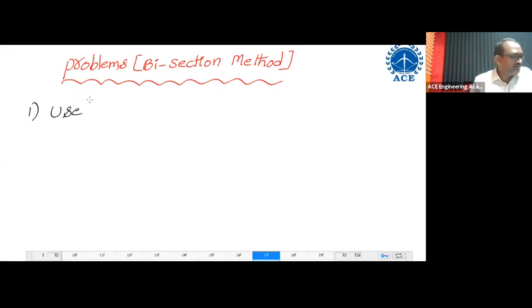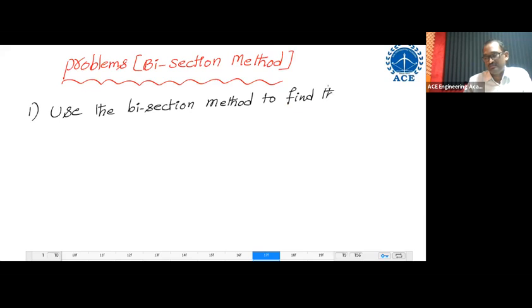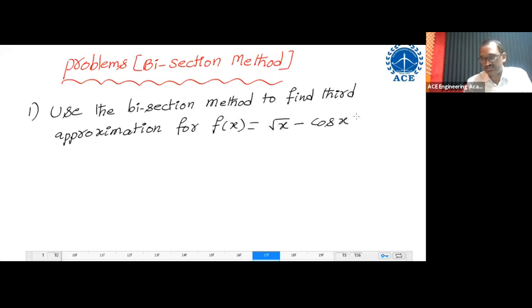Problem number 1. Use the bisection method to find the third approximation for f of x is equal to root x minus cos x in the interval 0, 1.